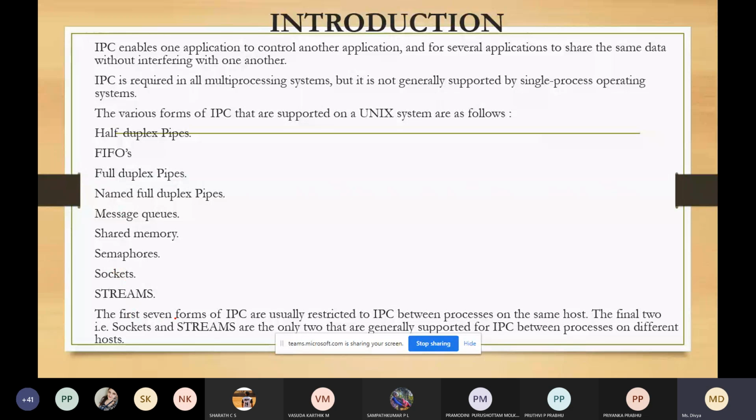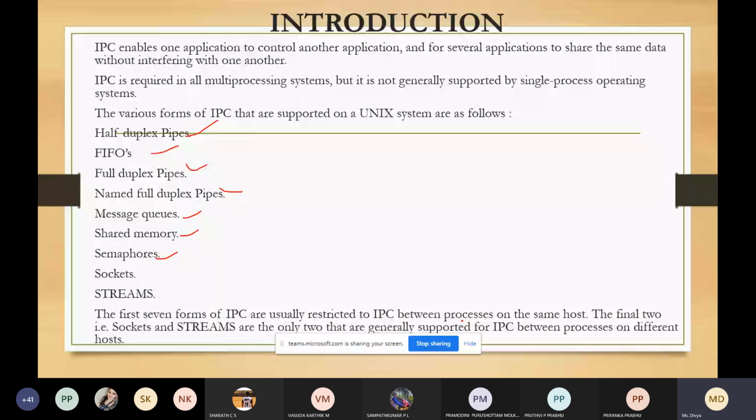The first 7 forms of IPC are usually restricted to IPC between processes on the same host. For the same host, we can use these first 7: 1, 2, 3, 4, 5, 6, and 7. These are only for communication between processes on the same host.